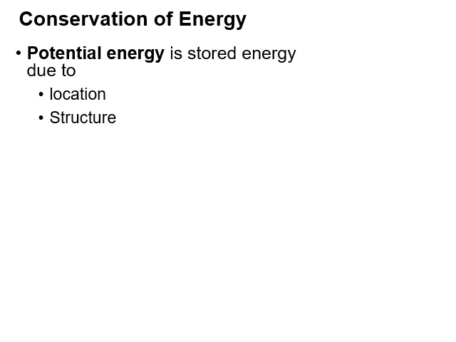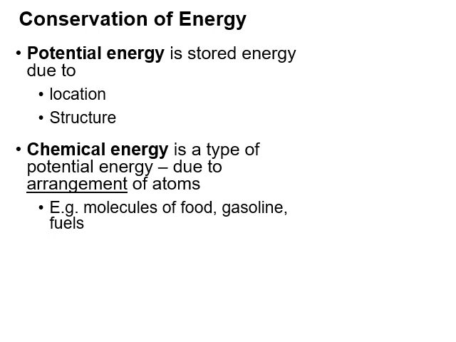The structure of something can also give it potential energy. This relates to chemical energy. Chemical energy is a type of potential energy, and it's due to the arrangement, the structure, of the atoms and molecules that make up something. For instance, there is chemical energy stored inside the food that we eat.